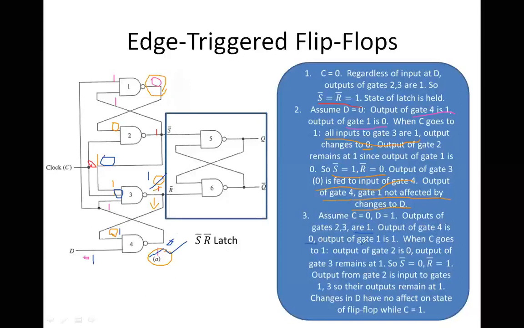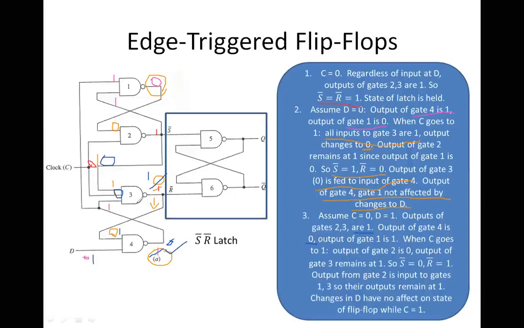So is this concept clear? Then the output of gate 1 is 1. Why is it 1? Because we can see that the value is changed. When the output of gate 1 is 1, the output of gate 4 is 0.